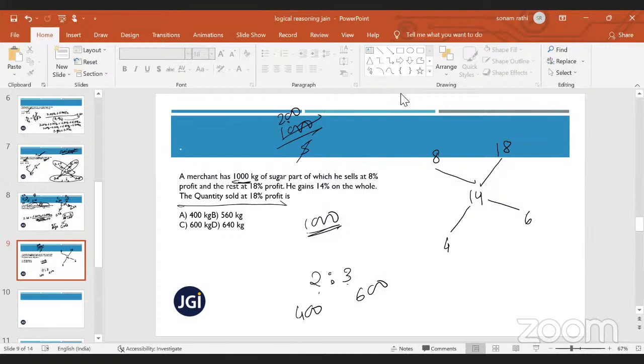Read the question. The quantity sold at 18%. This is your first, this is your second. Ratio also first, second. They're asking you for second. 600 is the answer.